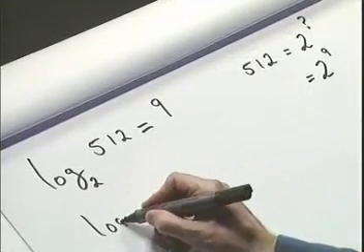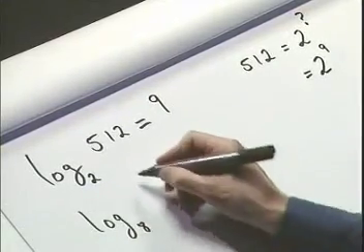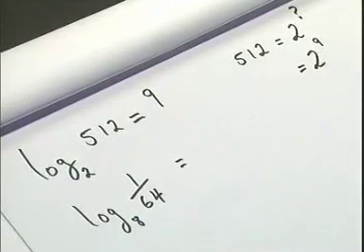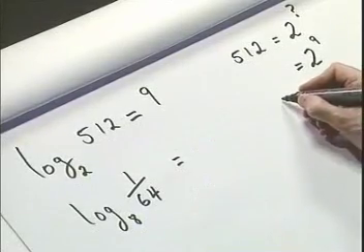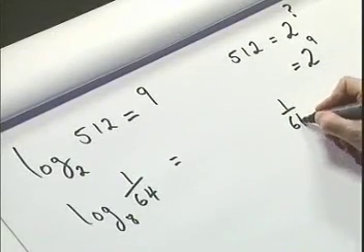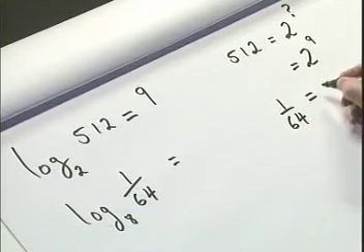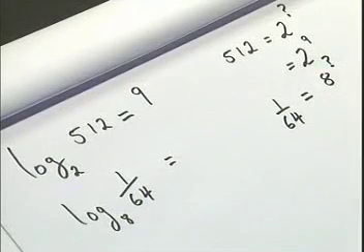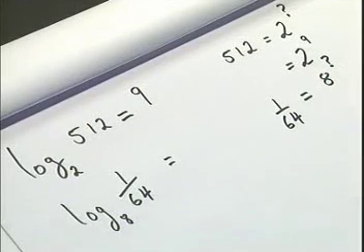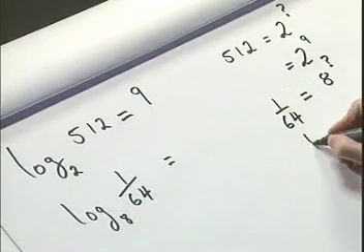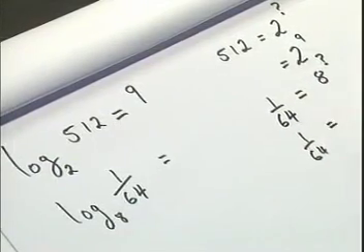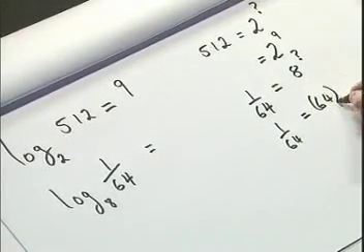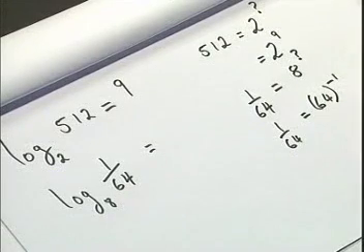What about the log to base 8 of 1 over 64? This is the same as asking, what is 1 over 64 as a power of 8? Well, we know that 1 over 64 is 64 to the minus 1.